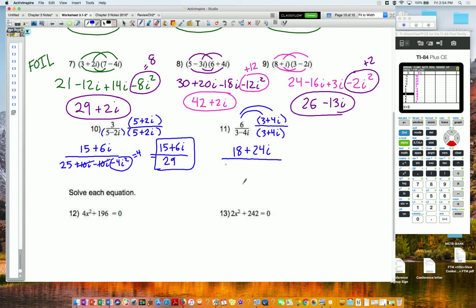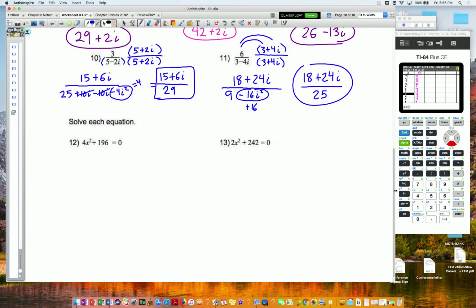In the bottom, this is where I'm going to save some time: first multiplied together, 9. I know the outside and inside are going to cancel, so I'm going to have minus 16i squared. That minus 16i squared is really 16, so I have 18 plus 24i all over 25, since 9 plus 16 makes 25.